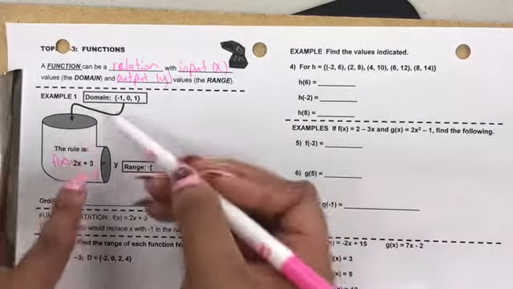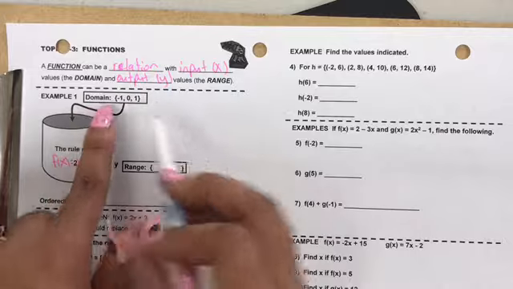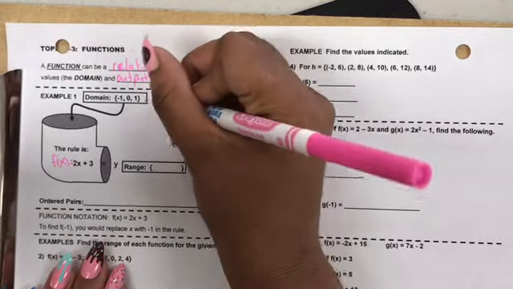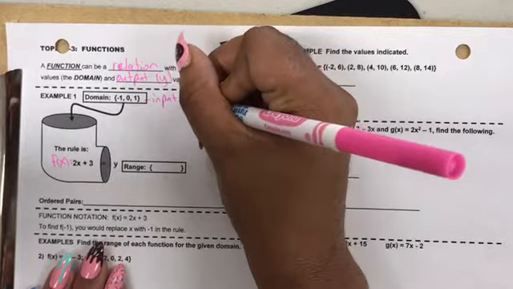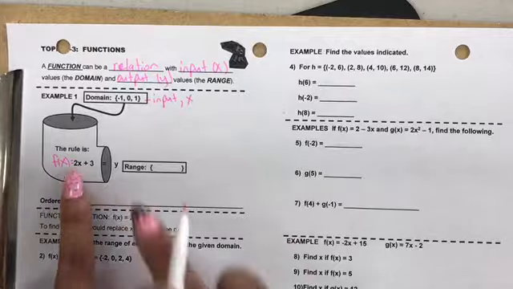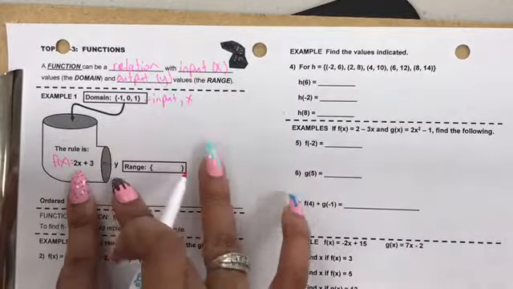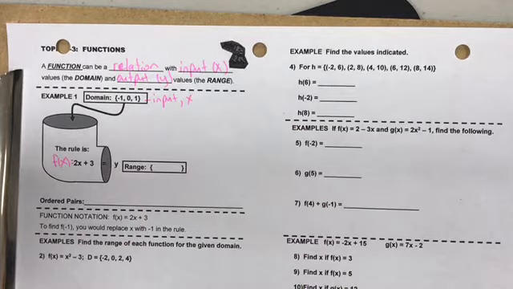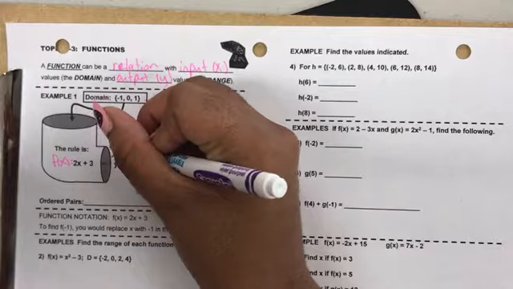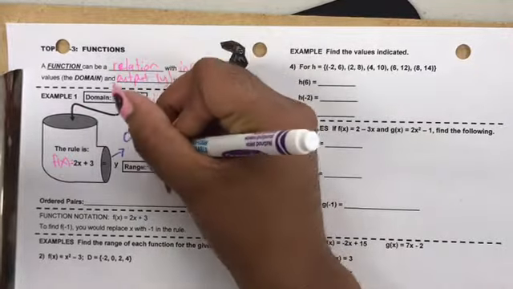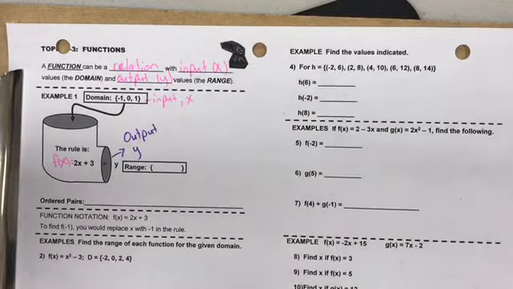What goes into the function is my input or my domain values, or x values. So I'm going to put these three values into the function and I'm going to get an output or a range. What comes out is your output or your range or your y values.